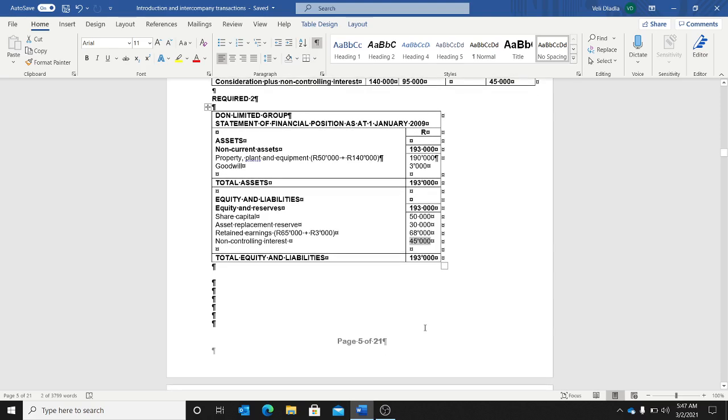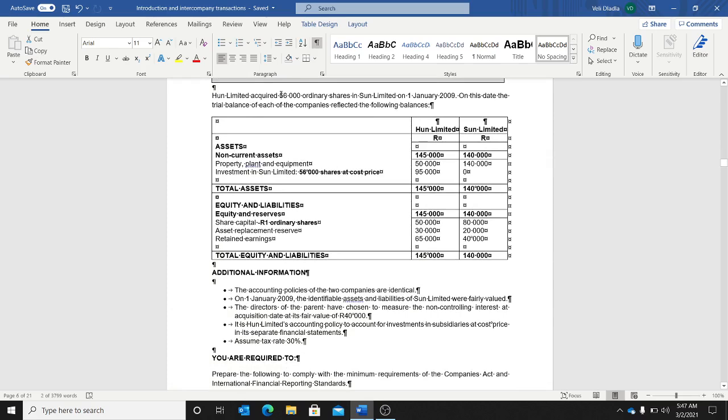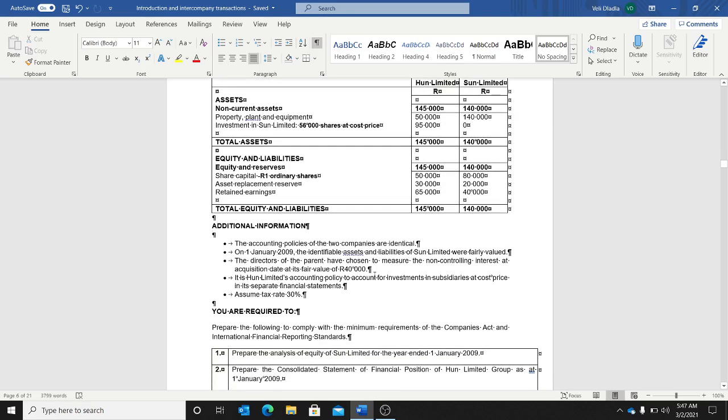Okay. Then we move to the next example. This company acquired 56,000 shares, out of 80,000 at that time, and your equity is this one here. They paid 95,000 for it. Now they're telling us that the fair value is now 40,000.